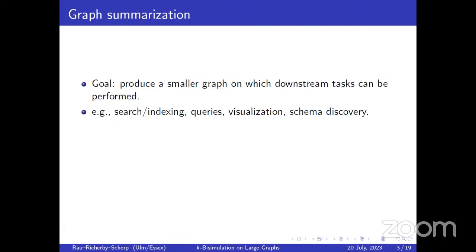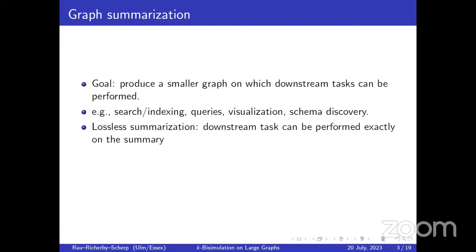Now, what we're not doing here is graph compression. Although in the terminology that we use, I would describe what I'm about to show you as a lossless summary, that's lossless with respect to the thing that you're trying to do. It is throwing away some information from the graph, so from this summary, it might not be possible to reconstruct the original graph.